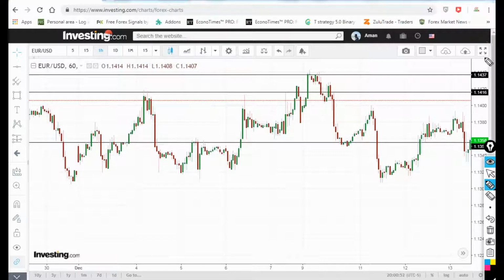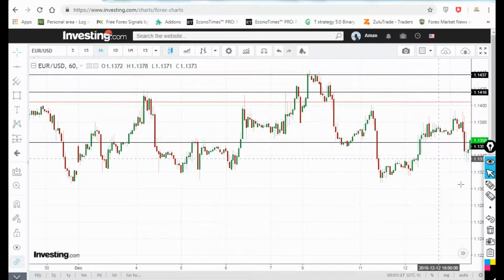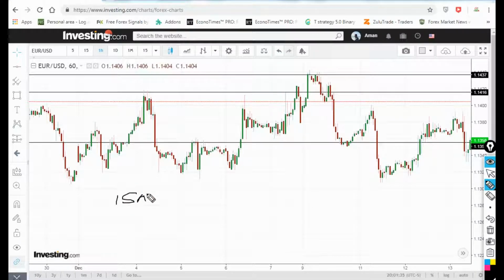Wait, let me fix. So what is the logic? Basic logic number one, you have to find your SNR, support and resistance. That's your number one logic, right?